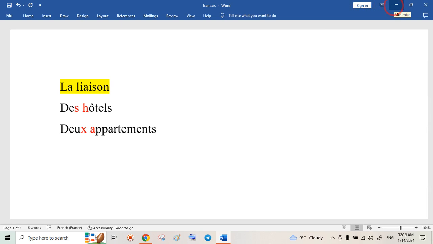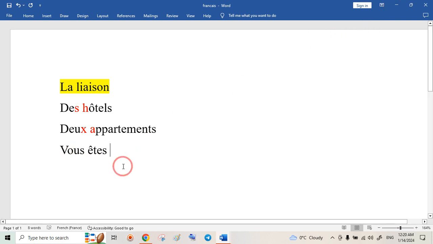Another example: vous êtes, you are. Vous means you, and êtes means are. So why do we say vous êtes?